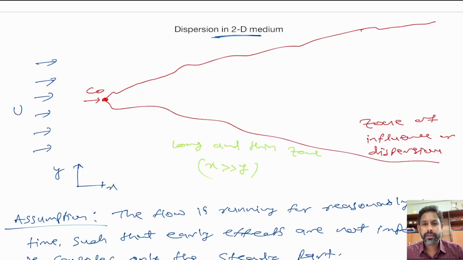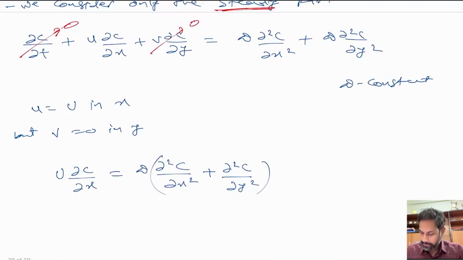And this is something we have done in the past for this kind of flows. So x length scale is much greater than y length scale, right?